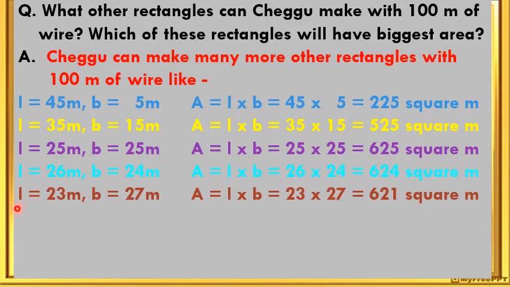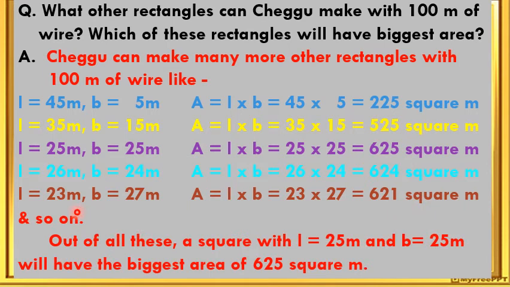Fifth one, suppose if length is 23 meters and breadth is 27 meters, so perimeter, that is 23 plus 27 plus 23 plus 27 forms 100 meters long wire. Then area is length multiplied by breadth, that is 23 multiplied by 27 gives 621 square meters. And so on.